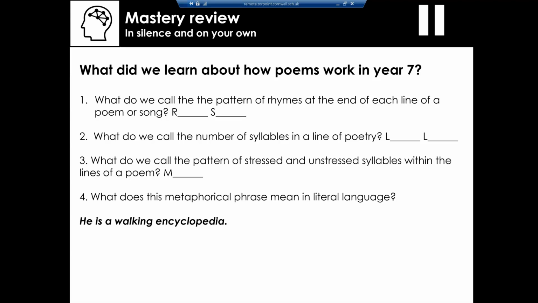What do we call the pattern of stressed and unstressed syllables within the lines of a poem? Number 4. What does this metaphorical phrase mean in literal language? Can you write it in your own words, showing what you understand? The phrase is this: he is a walking encyclopedia. Okay, pause the video, have a go at those questions.